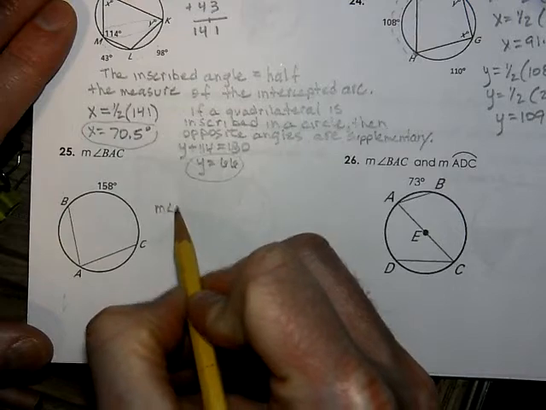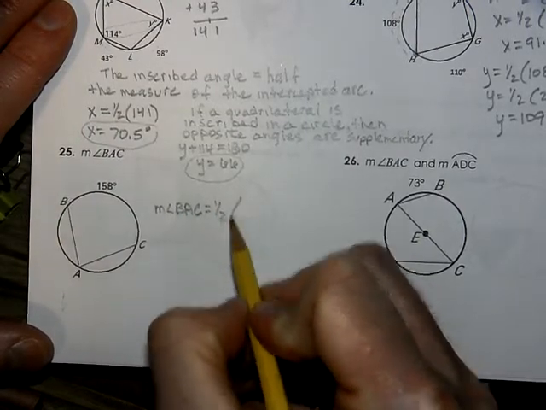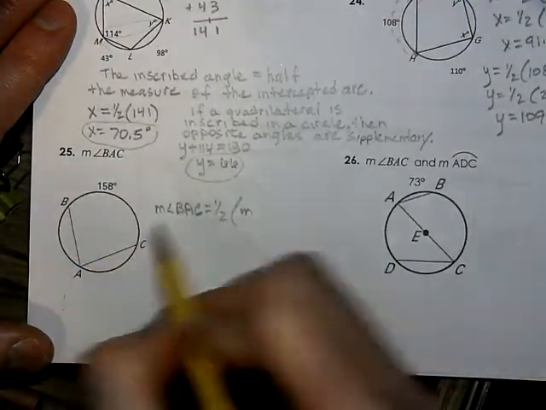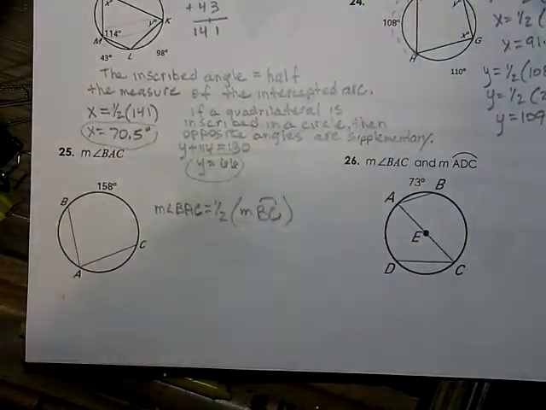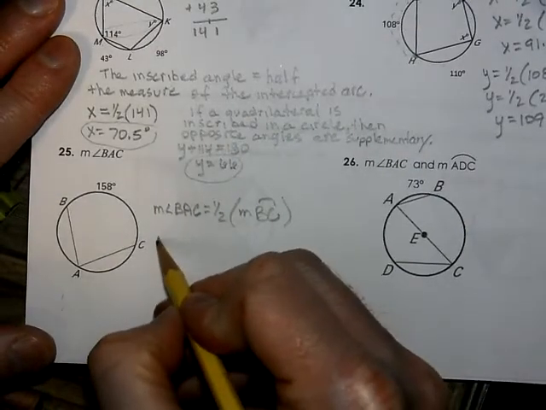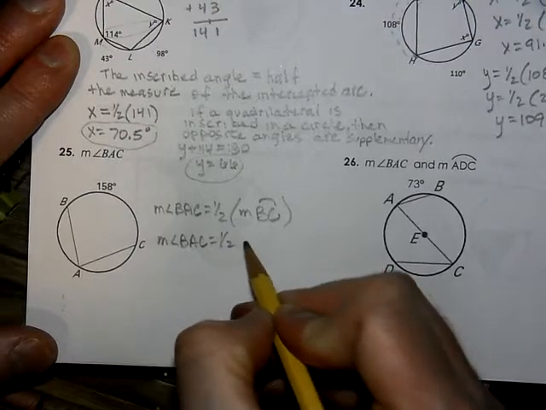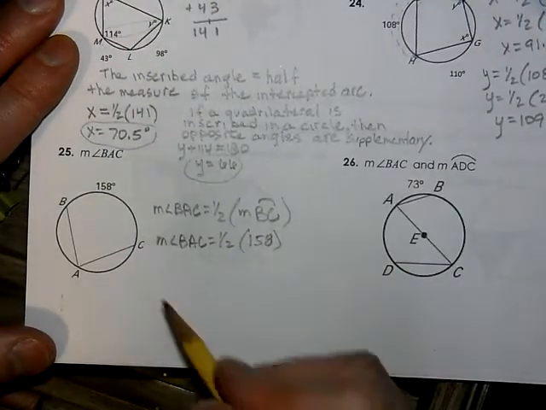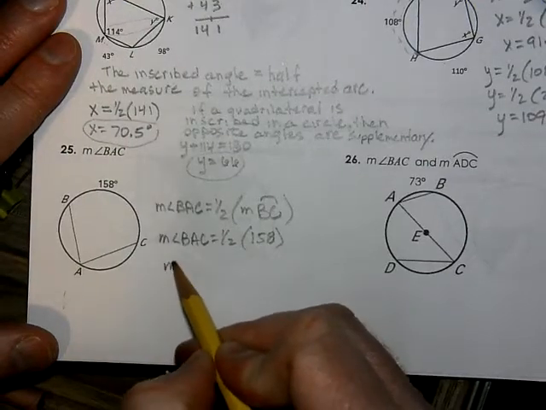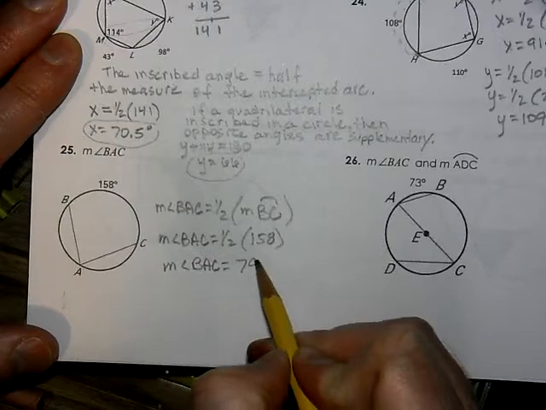So the measure of angle BAC is going to equal half of the measure of arc BC. That's the way you would write it with the letters. So the measure of angle BAC equals half of 158. So that should be 79.